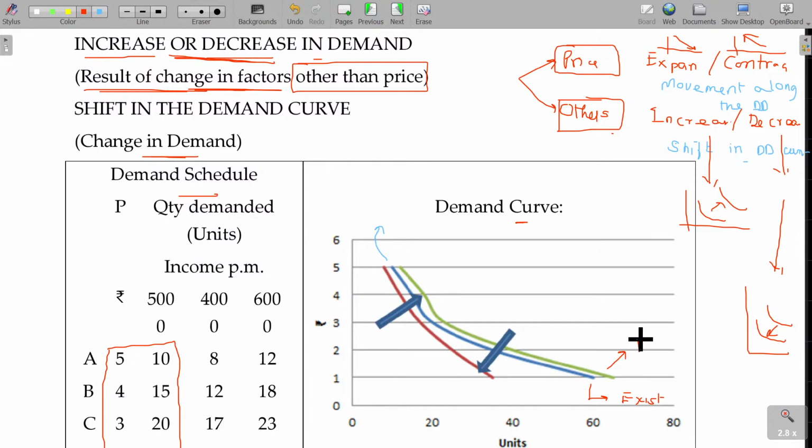Green color represents increase in demand, the curve shifts to the right side. Red color is meant for decrease in demand, and the curve shifts to the left. Is that okay? Come on, make a note of it.